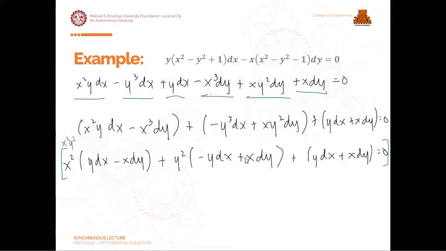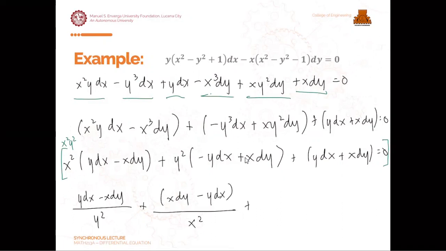Okay? So, pag multiply natin, yung first term will now be y dx minus x dy over y squared, plus x dy minus y dx, ni-rearrange ko lang, over x squared, plus... dapat pala 1 over x squared y squared. Okay?